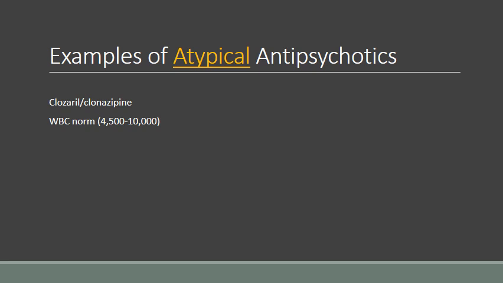So because of this, Clozaril is usually used as a very last resort, when these other atypicals may have been tried and don't work, or maybe some of the typicals have also been tried and don't work. Okay, because we don't take this lightly at all.